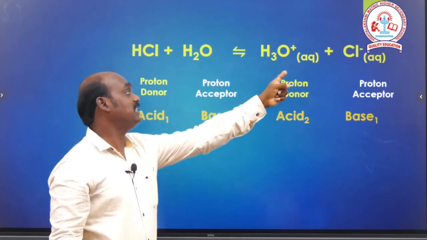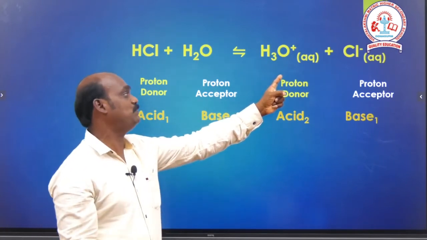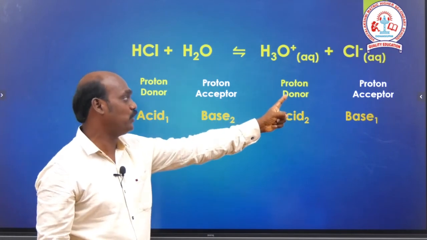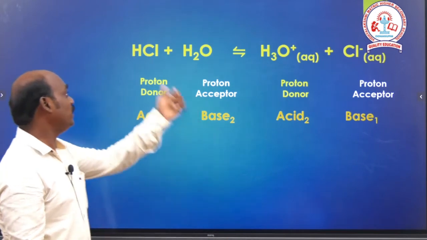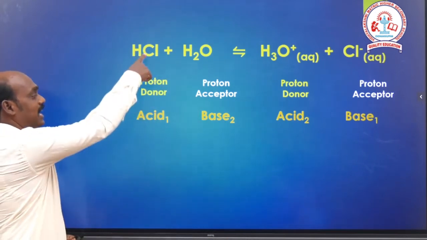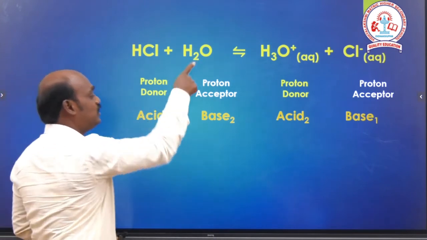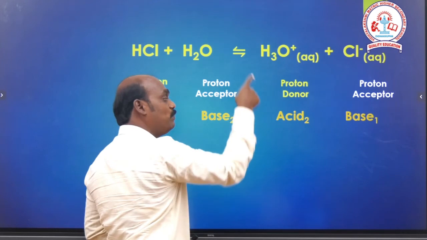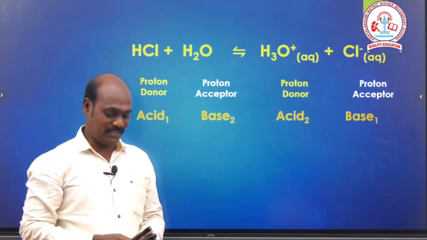In the backward reaction, H3O+ gives an H+ ion to the Cl- ion. So H3O+ is a proton donor, Cl- is a proton acceptor. So in the forward reaction, hydrochloric acid is an acid and H2O is a base; in the reverse reaction, H3O+ is an acid, whereas Cl- is a base.